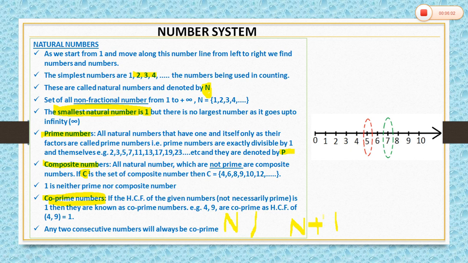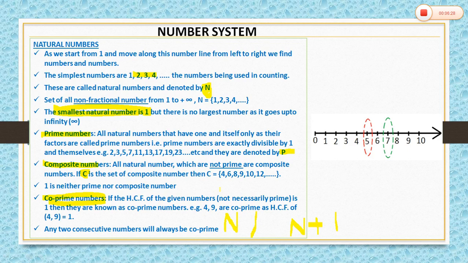One number is n, another number is n plus 1. Let's take a value of n, let's take it's 2. n is 2. So 2 plus 1 will be 3. So consecutive means the very next number. These numbers are known as co-prime numbers.